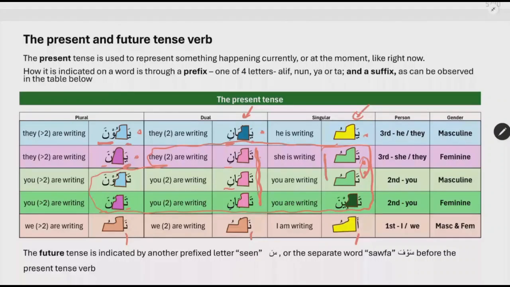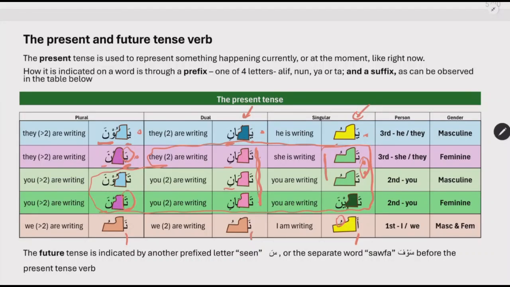So they are kind of similar. The prefix is different. Here you have a ya, here you have a ta, just to show you a similarity in terms of those two as well. All right, and then you have the alif, the dhamma, aktubu, and here you have naktubu. So any verb that you have now, you can substitute these colored blocks with the verb laiba, shariba, any verb, right?